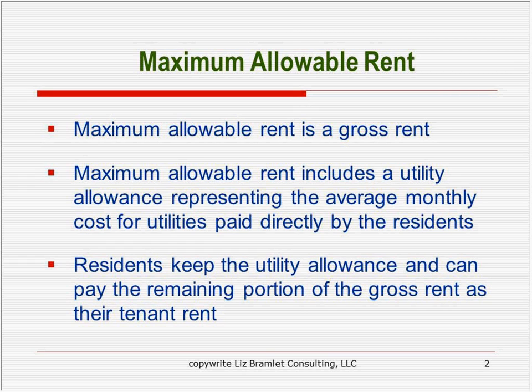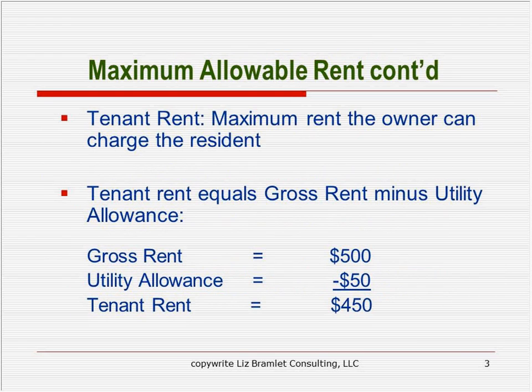The residents get to keep a portion of the gross rent to put towards those utility bills. That's their utility allowance. And what's left over is the maximum the owner can charge them, the tenant rent. It is the gross rent we calculate by formula, taking out the utility allowance.